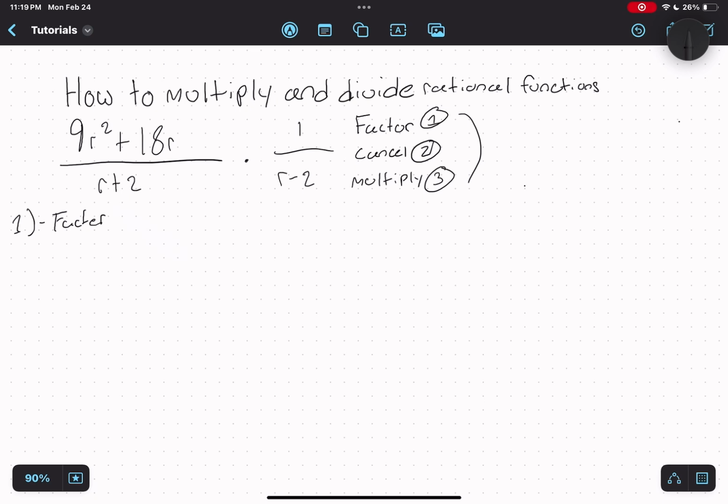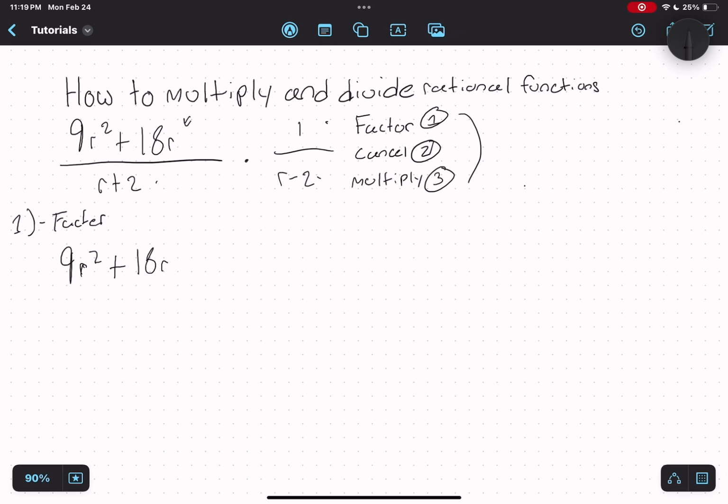So first, we're going to factor. And everything besides the 9r squared plus 18r is already factored out for us, so we only have to worry about that. So 9r squared plus 18r, what can we take out of this? We can take out a 9r, and we get rid of the squared for the r, and we divide 18 by 9.